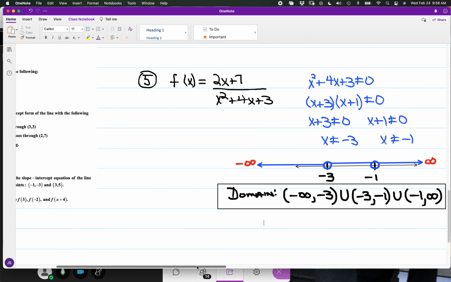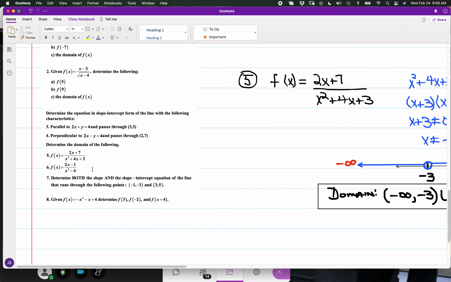All right, so for item number 6, you have f of x equal to 2x minus 1 all over x squared minus 4.